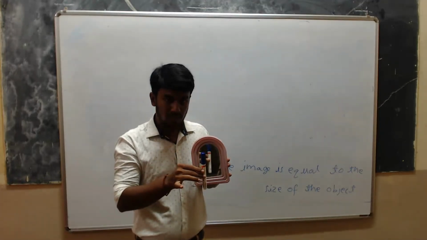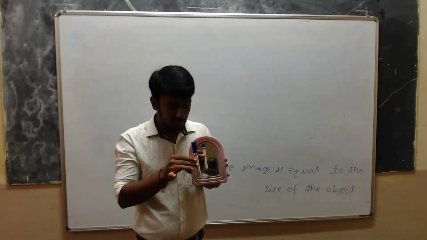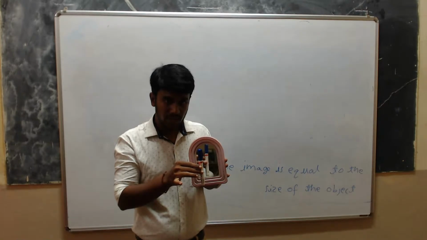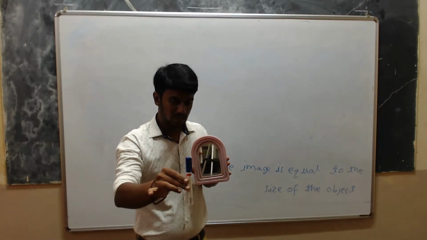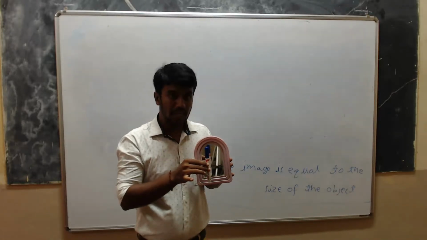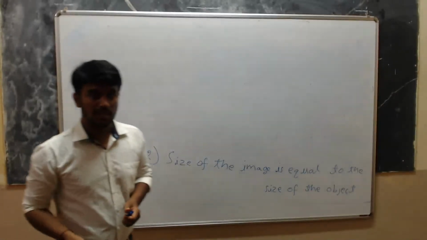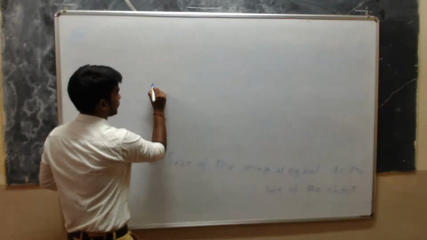I will reduce the distance. Here the distance between the image and the mirror also reduces, right? If you increase, the distance increases. If you reduce the distance, the distance decreases. So the third property says that image distance is equal to the object distance.